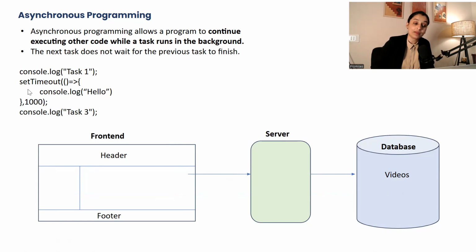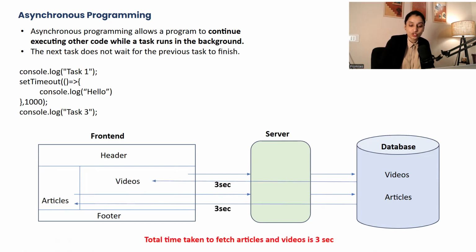So what setTimeout will do? If the task is taking more time to complete, it won't wait there. It will keep that task in progress and it will jump to the next task, which is nothing but task 3. So in the similar way, fetching videos, if it is taking more time, it will start with fetching articles. And exactly after 3 seconds, you will be getting videos, articles, both.